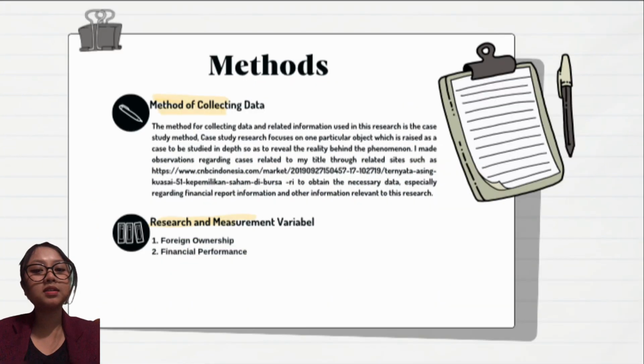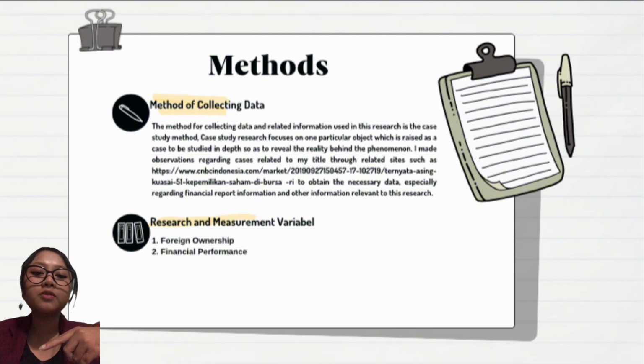The next slide discusses methods. The first is the method of collecting data, where the method for collecting data and related information used in this research is the case study method. Case study research focuses on one particular object which is raised as a case to be studied in depth, so as to reveal the reality behind the phenomenon.